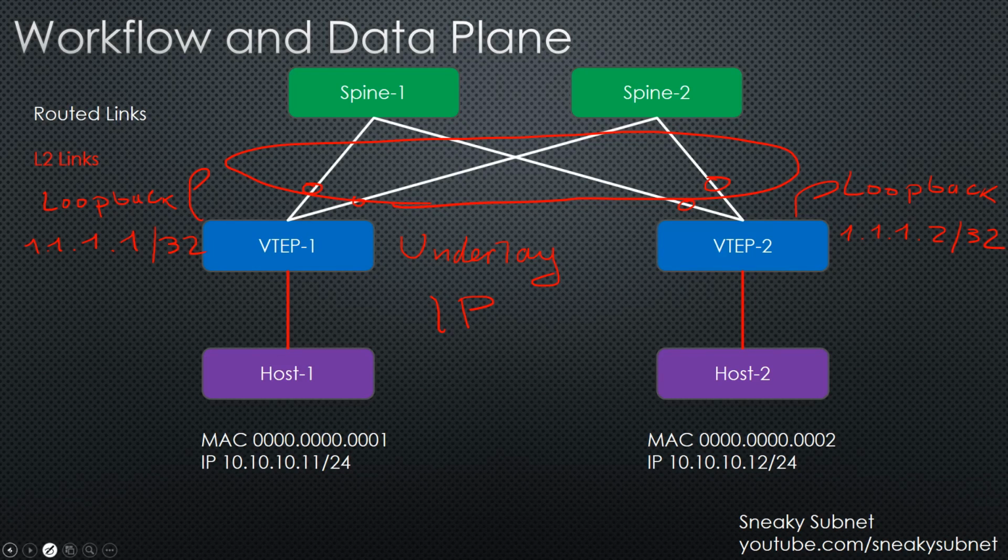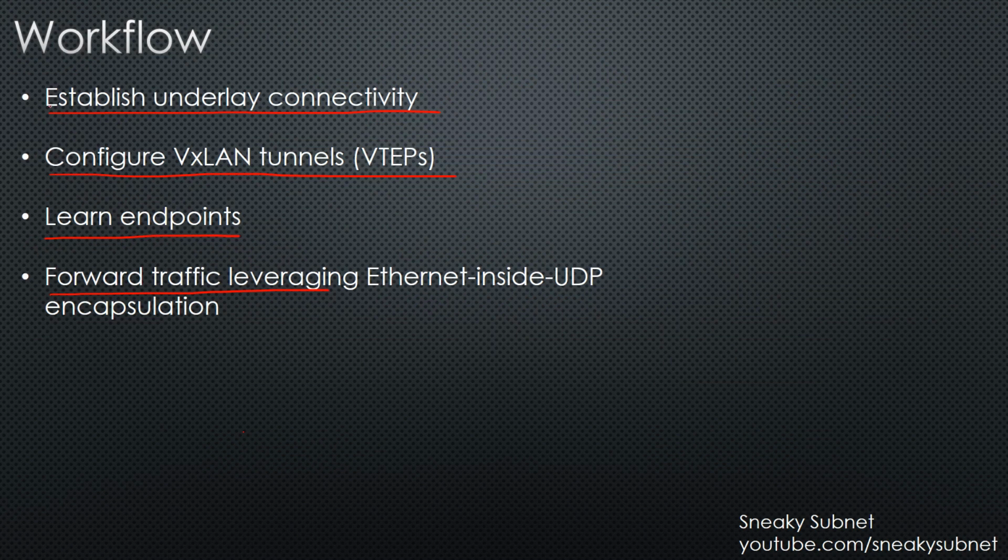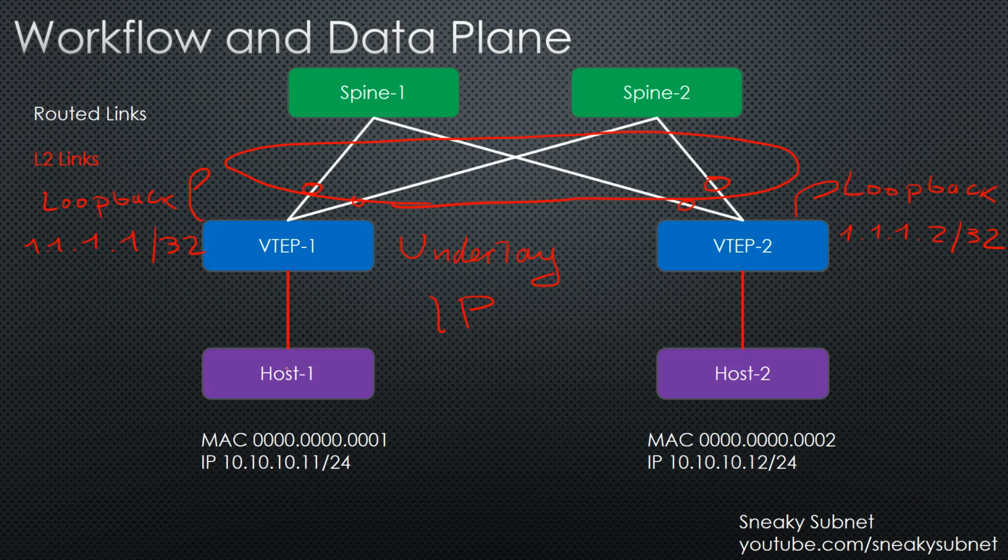And here, if we go back to our previous slide, we need to establish underlay connectivity. What it really means is that we need to establish IP connectivity between these addresses, because these addresses will act as a tunnel source for our VxLAN tunnels.